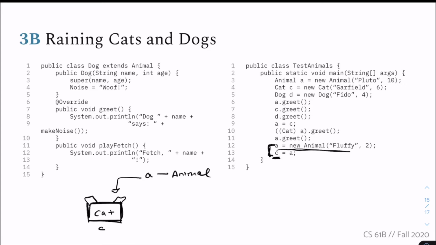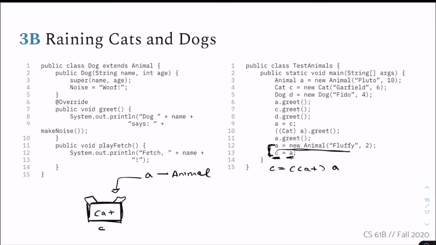And this is because at compile time, we check the static type of A, which happens to be an animal, and the static type of C, which happens to be a cat, and we decide that they don't match up. So we're not going to allow A to go into C. If we were to replace this line with C equals cat A, we would pass that initial check.